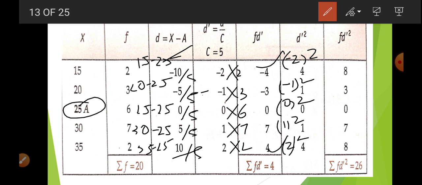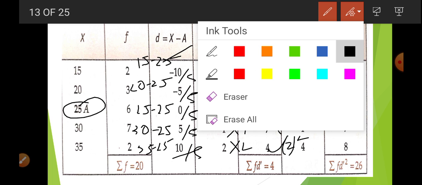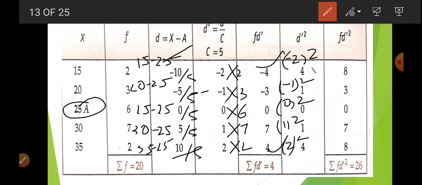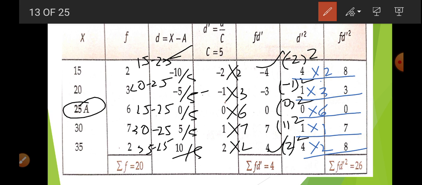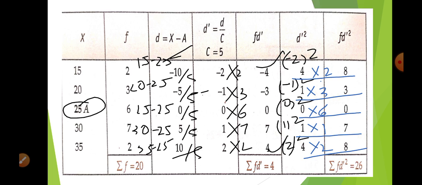Now we are going to multiply it by frequency. So 4 multiplied by 2 is 8, 1 multiplied by 3 is 3, 0 multiplied by 6 is 0, 1 multiplied by 7 is 7, 4 multiplied by 2 is 8. So in this way we are able to calculate all the things that we require for the equation.